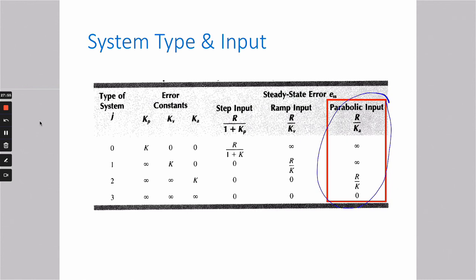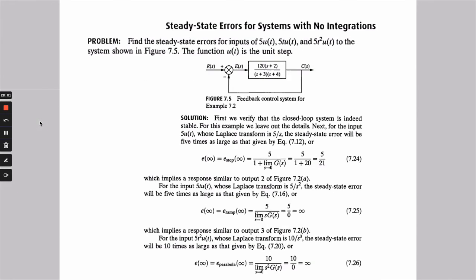And what we want to see now is an example. Let's say we have these problems. We have a system in figure 7.5, where G(s) equals 120 (s plus 2) over (s plus 3)(s plus 4).